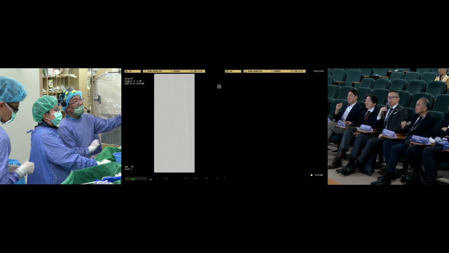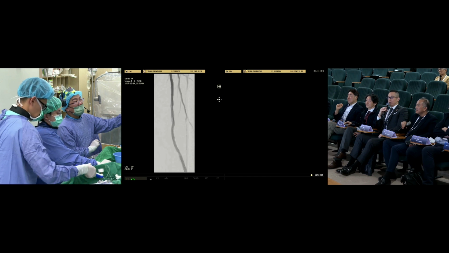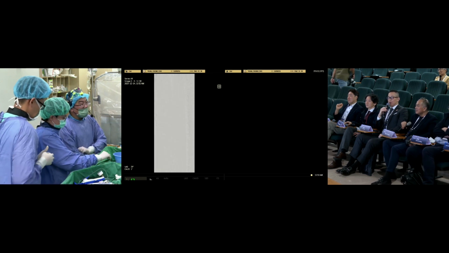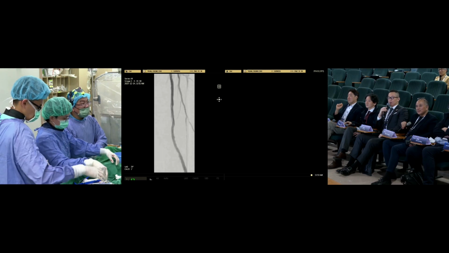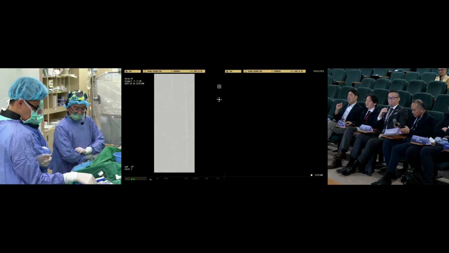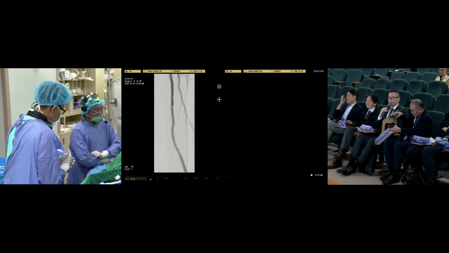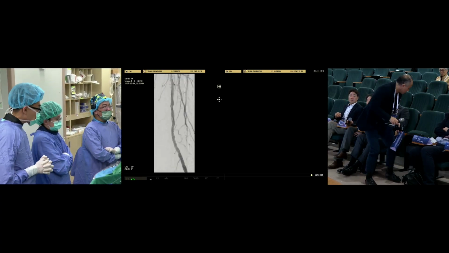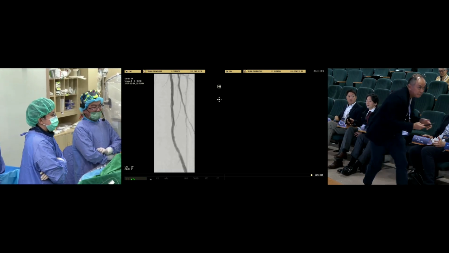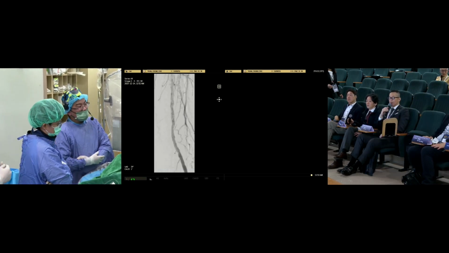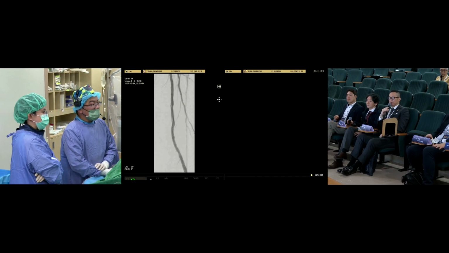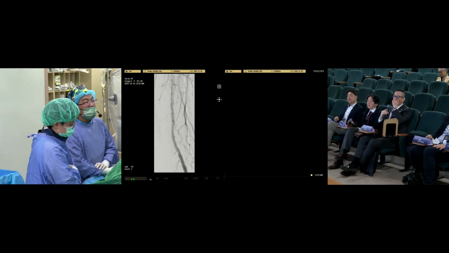So what will you do, Dr. Zhong, before you jump? Will you recheck IVUS or just select the stent? And what stent do you prefer? DS, Illuvia first, and we DCB the distal first, and DS later.